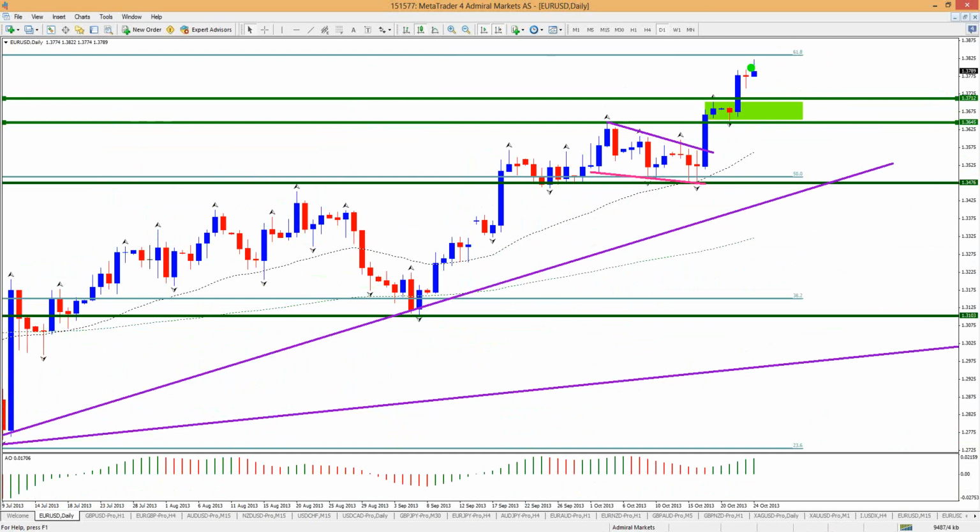This is a break of a key level, and we can see that continuation going on for a while. And the first sign that maybe we have some weakness going on is when we don't break the daily top for 5 days.